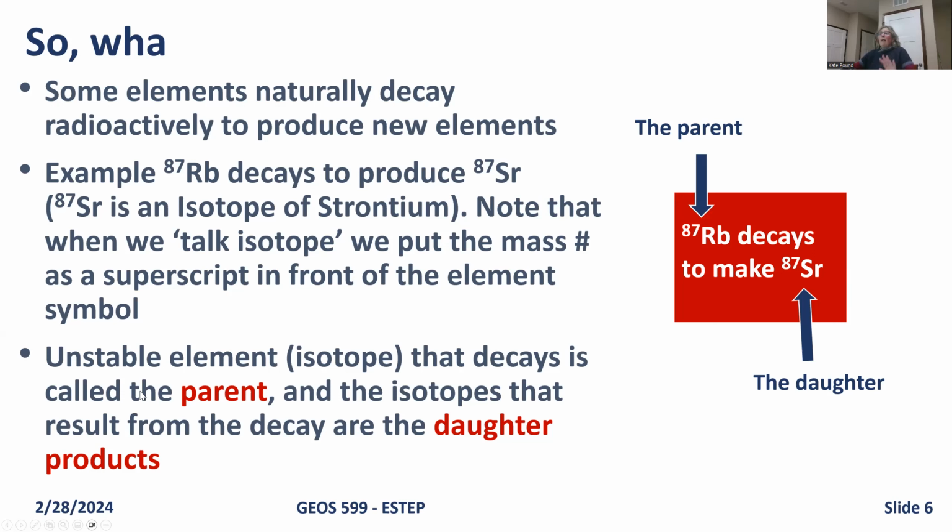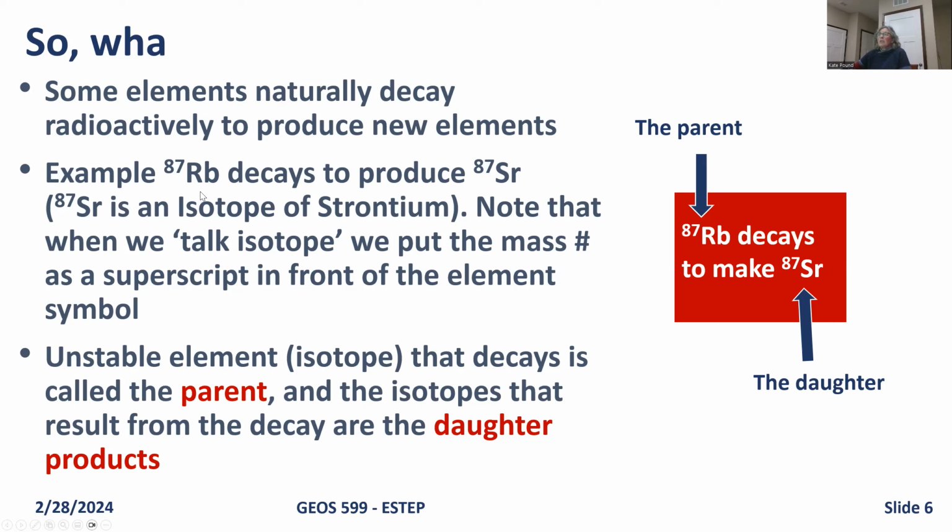So now, the next important thing to grasp is that the unstable element or isotope that decays is called the parent. So in that case, rubidium 87 would be the parent. And the material that is produced as a result of that decay is called the daughter product.